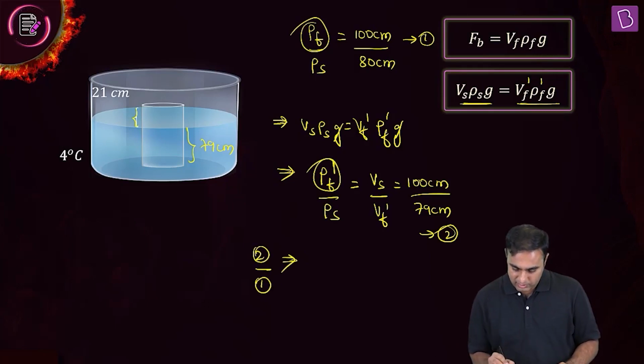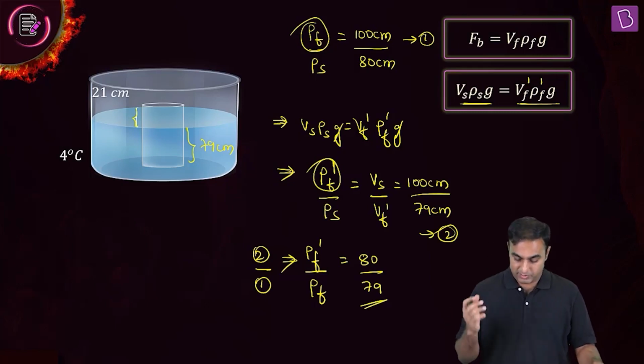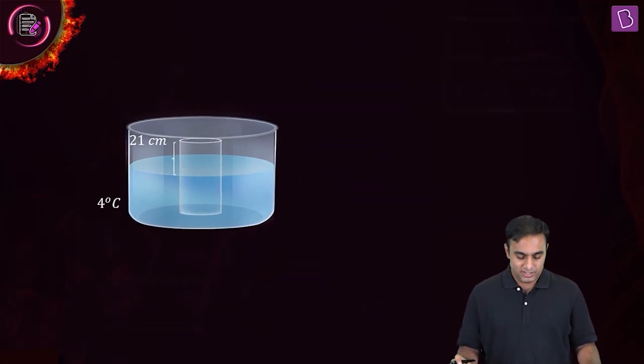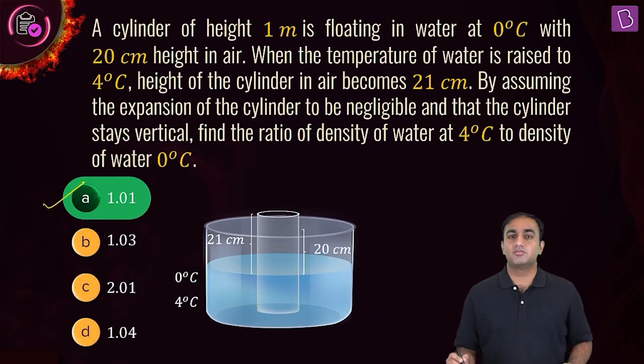You get rho F prime by rho F to be 80 divided by 79. And if you simplify this, it happens to be around 1.01. That's your final answer. The correct option for this question is A, 1.01.